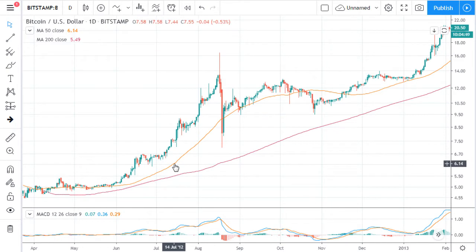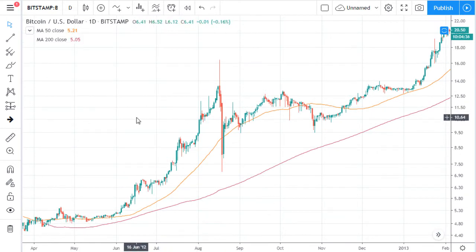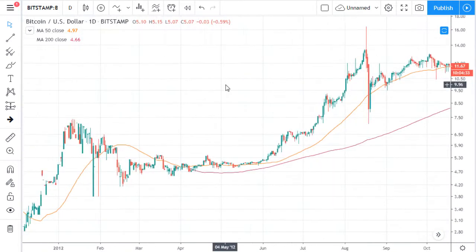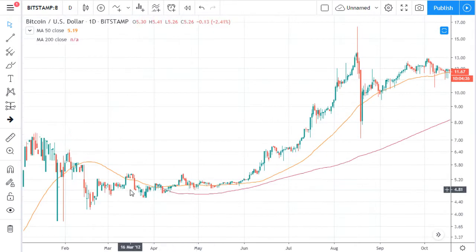So here the orange one is the 50 moving average and the maroonish or purplish one is the 200-day simple moving average. So this is the Bitstamp chart and it goes all the way back to 2012.